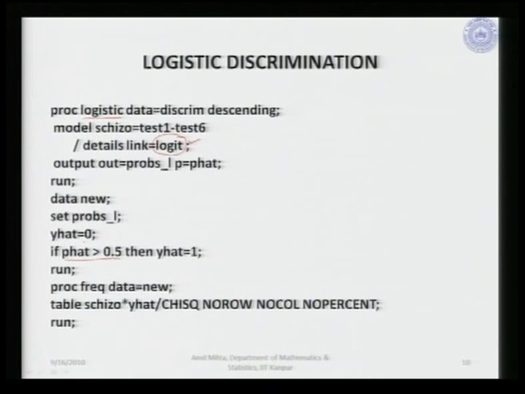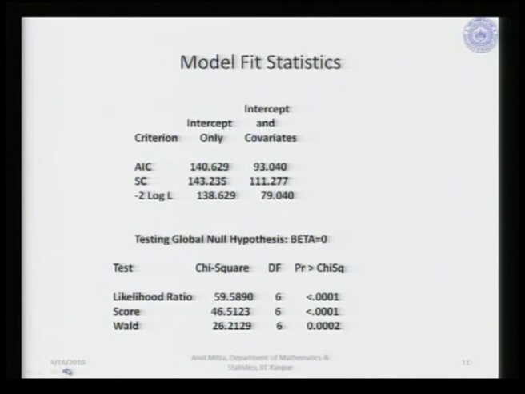Furthermore, once the classification is done, we will look at the confusion matrix and then apply the frequency procedure in order to look at the measures of association between such predicted memberships and the actual memberships.